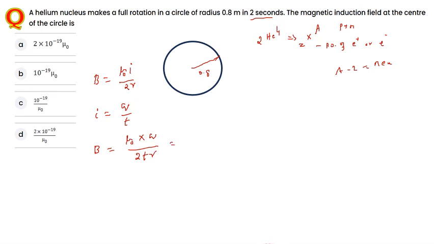Now mu naught into 2q, the charge of the electron is 1.6 into 10 power minus 19 coulomb. There are 2 charges because this is the helium nucleus. Into the time, which is 2 seconds, so I mention 2. And your radius here is 0.8.